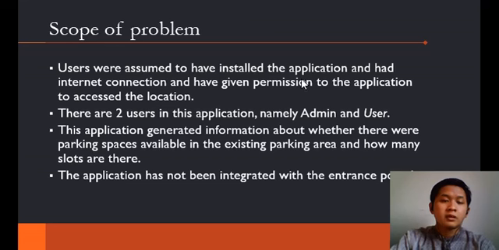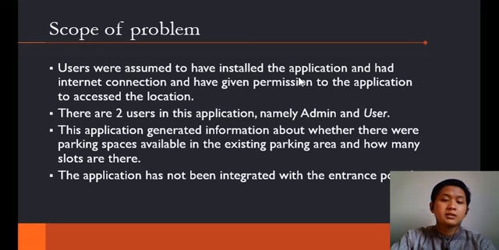And then users were assumed to have installed the application, had an internet connection, and have given permission to the application to access the location. There are two users in this application, namely admin and user.